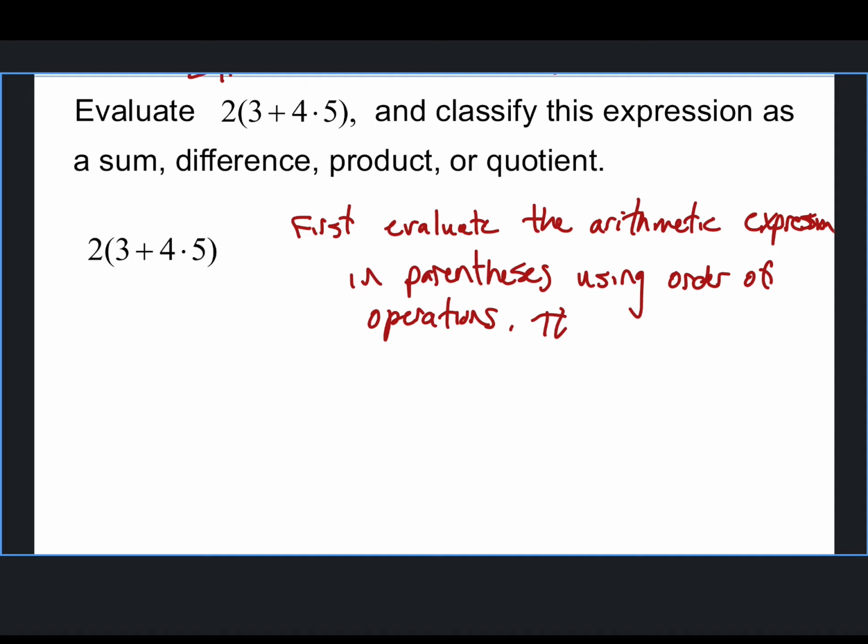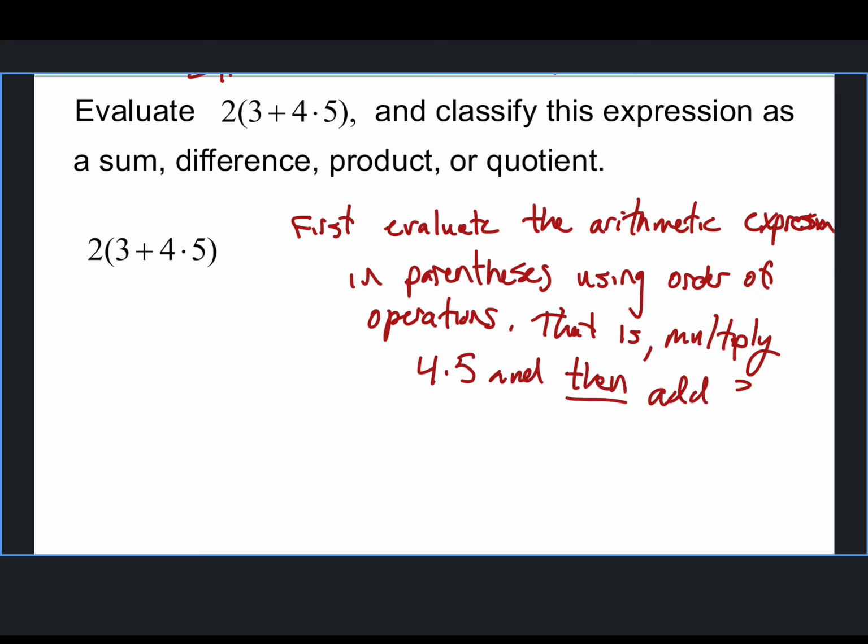So we multiply 4 times 5 and then add 3. What's 4 times 5? 20. Plus 3, in the parentheses. 3 plus 20.